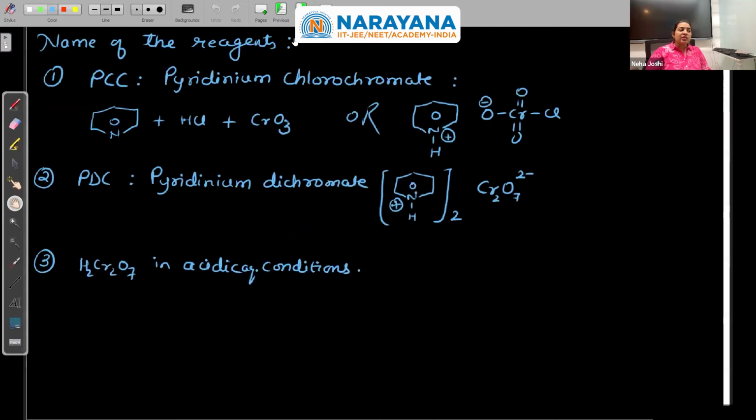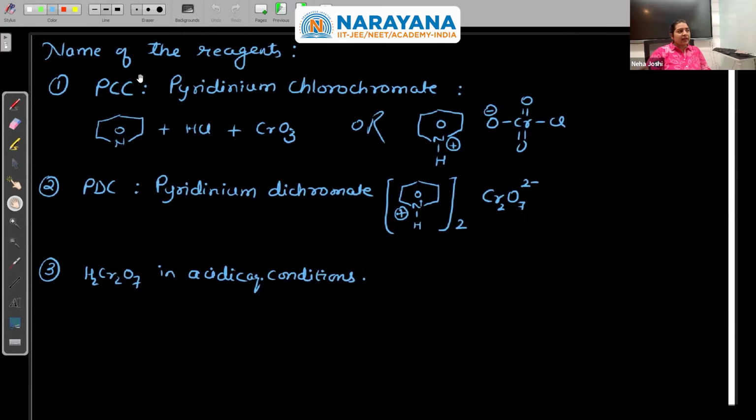Some rare oxidation occurs, and I'll explain how, when, why. So what are my reagents? The name you need to remember is PCC, pyridinium chlorochromate: pyridine plus HCl plus CrO3. This is what you can find on the arrows, or you can find this structure.